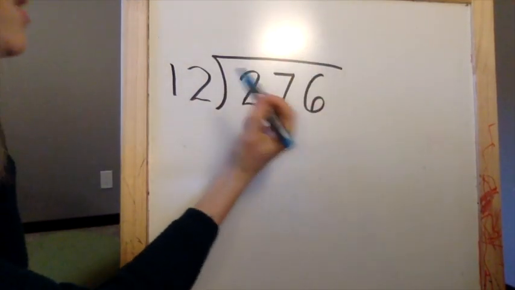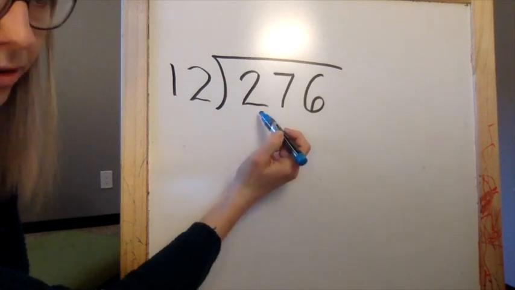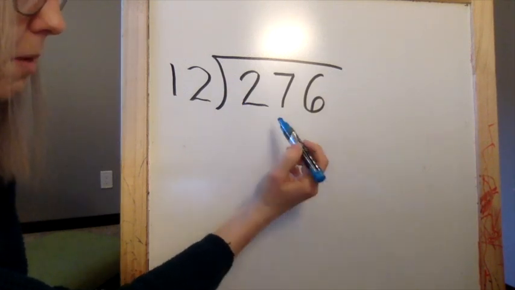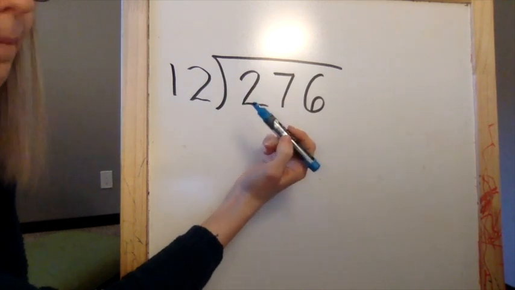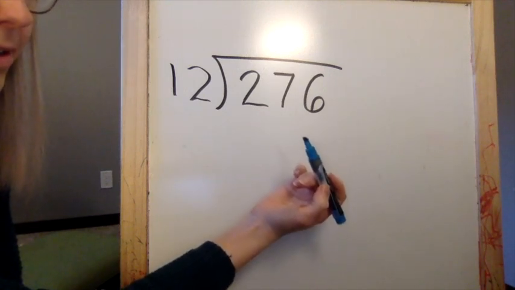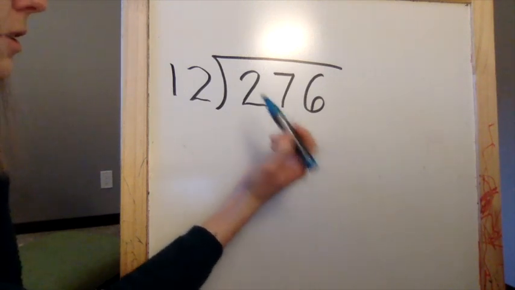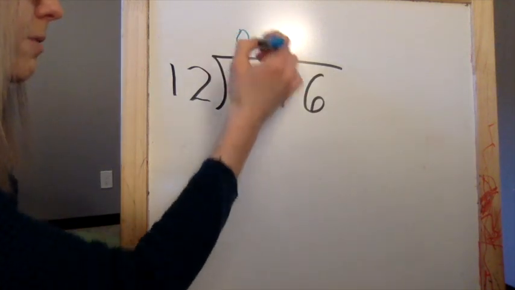Let's get to it. So 12 goes into 2, and remember this is 12 goes into 200, but for our purposes, I'm modeling the process. If you keep following the steps the way we've done it for single digit, it's going to be the easiest way to learn this. So 12 goes into 2 0 times.